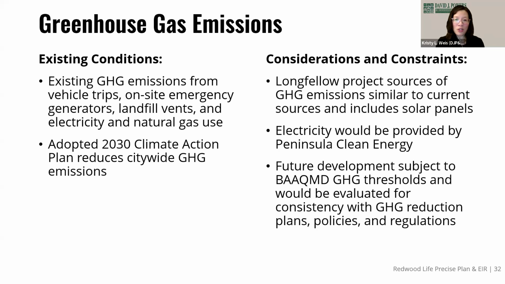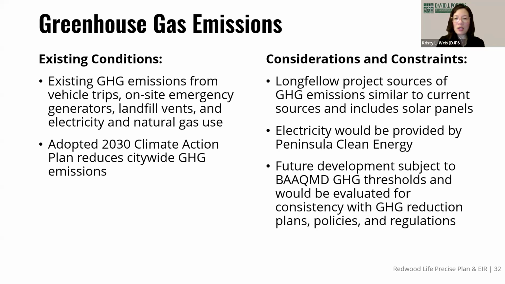For considerations and constraints, the primary sources of greenhouse gas emissions from the project would be similar to the sources under existing conditions, so vehicle trips, emergency generators, electricity use, and things like that. The Longfellow project includes installation of solar panels on most of the buildings, which would reduce indirect greenhouse gas emissions from electricity use.